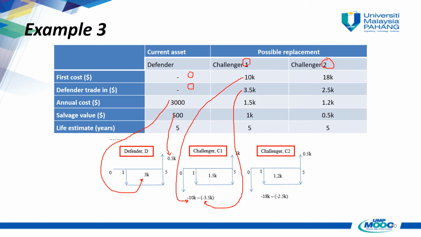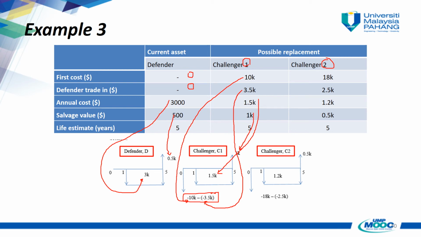We will be paid 3.5 thousand, so for these two we need to total it up. The annual cost to maintain Challenger 1 is 1.5 thousand yearly, and there is a possible salvage value after 5 years of 1,000.